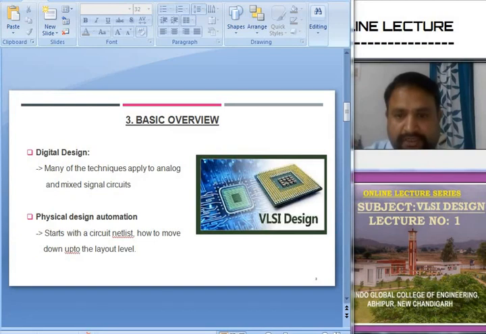And next we will study physical design automation. In that we will study what the netlists are and how to move down from the layout to design.